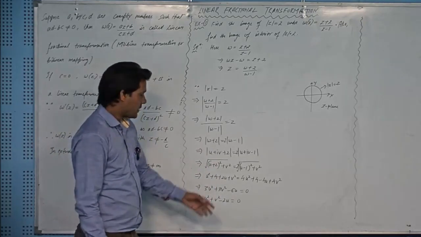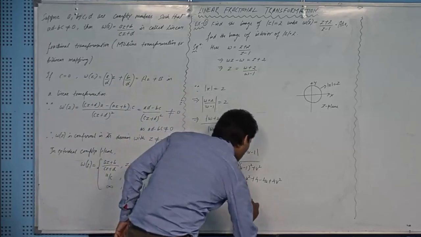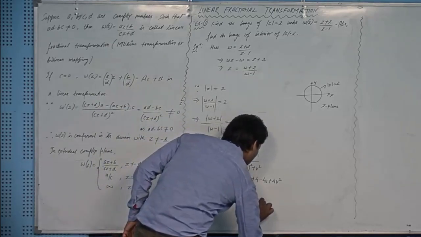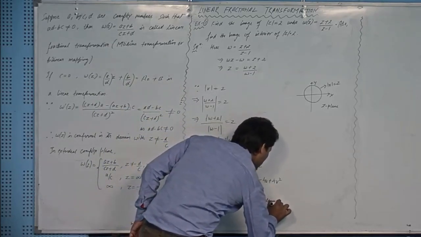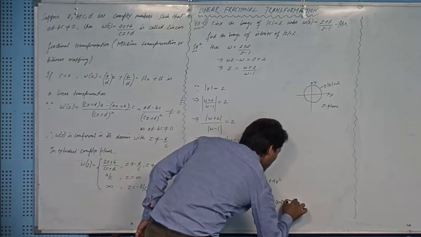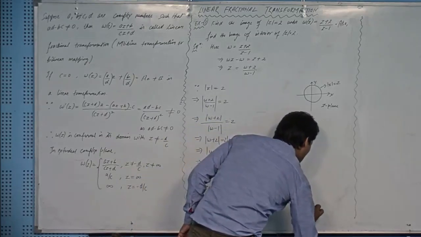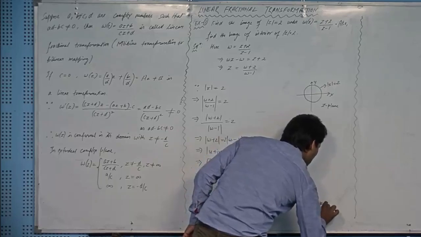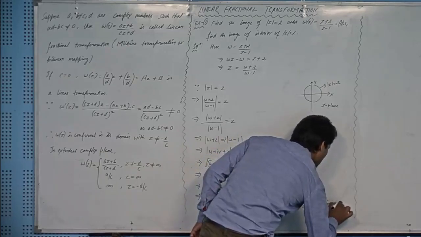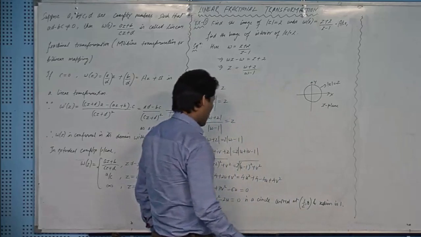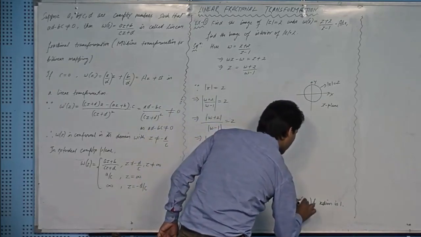I will write that it is a circle centered at 1, 0, and radius is 1.